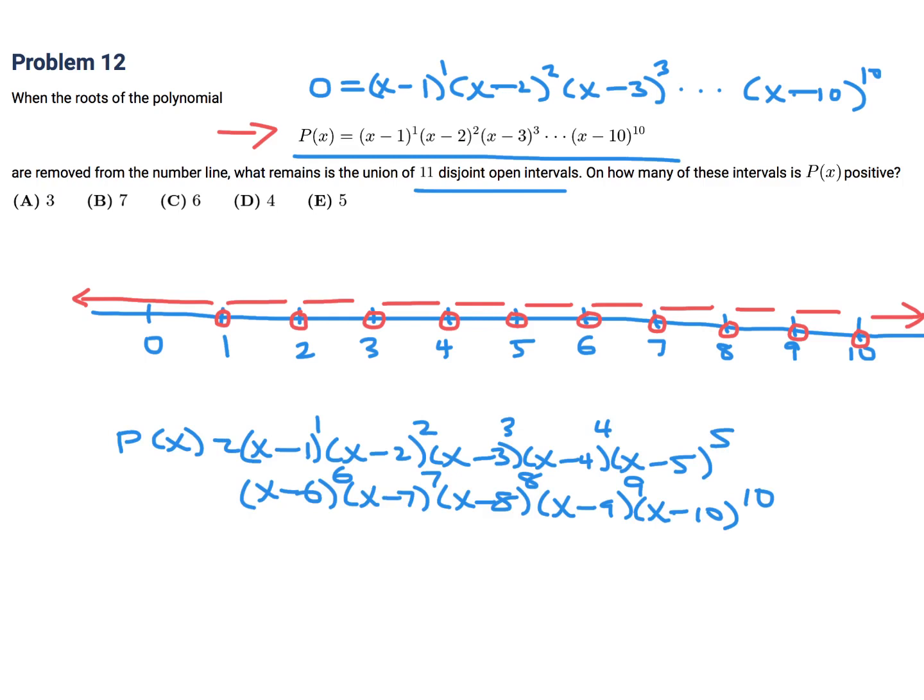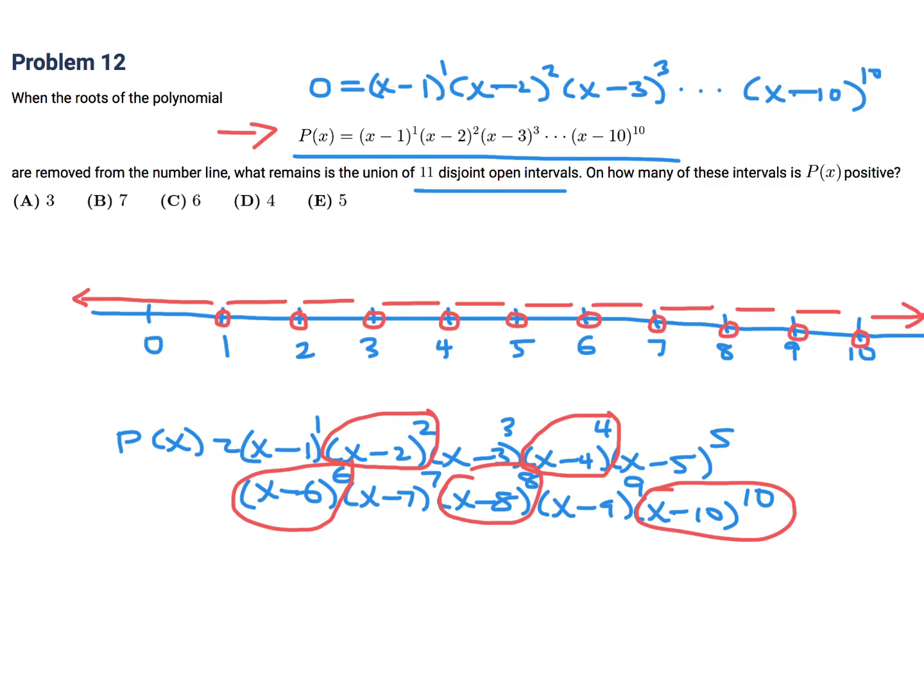Anything that has an even exponent is always going to be positive. So for example, this one here, no matter what you put for x, because you're squaring it, it's always going to be positive. The same story holds true for this one, for this one, and for that one. So those will always be positive no matter what number you put in these 11 open intervals.